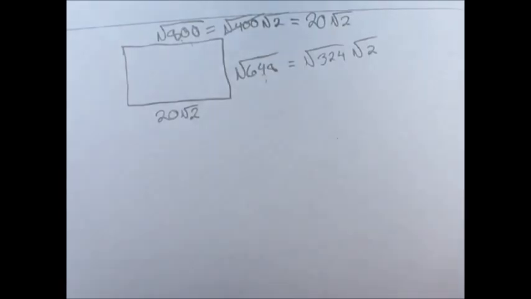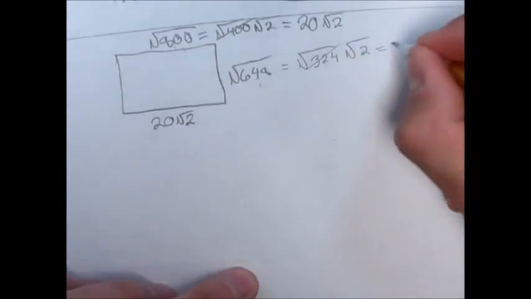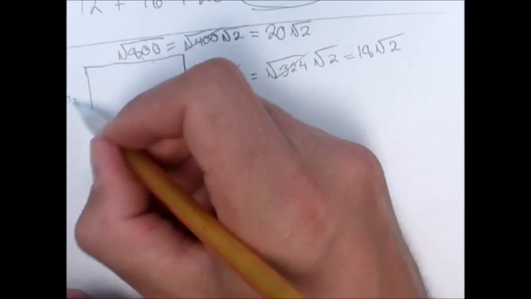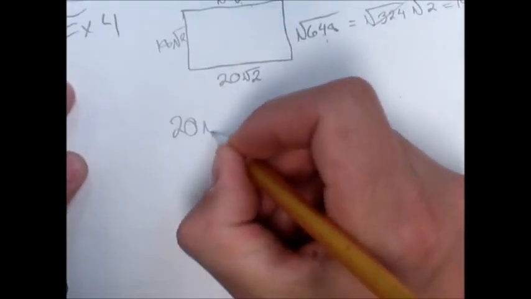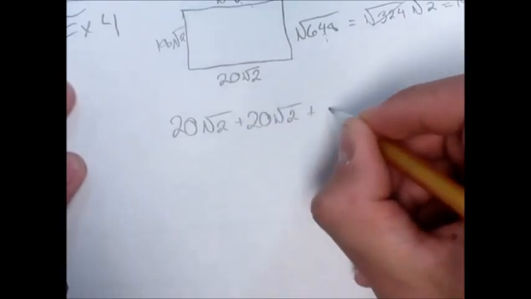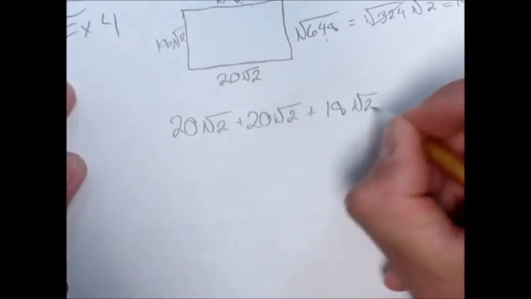What is it? So I get 18 square roots of 2 when I write this one. So I'm going to rewrite it over here, 18 square roots of 2. Now I'm going to add these all together. So I get 20 square roots 2 plus 20 square root 2 plus 18 square root 2 plus 18 square root 2.